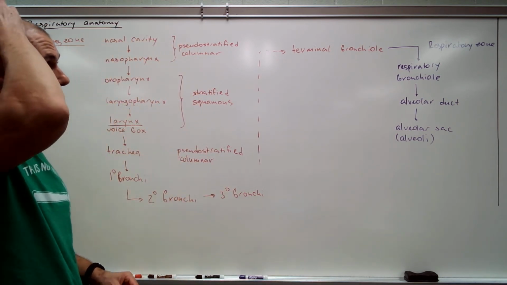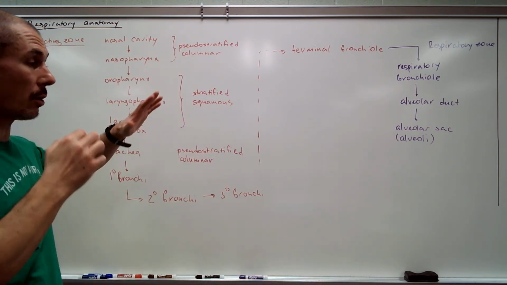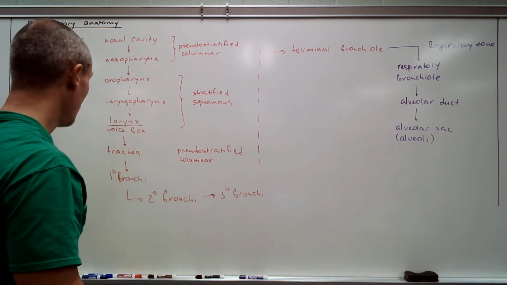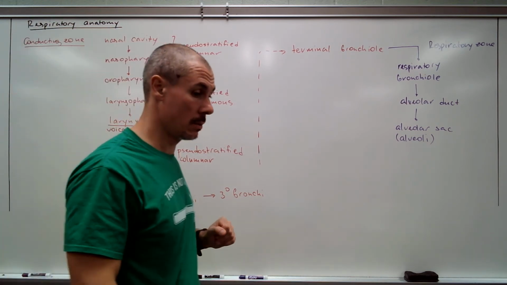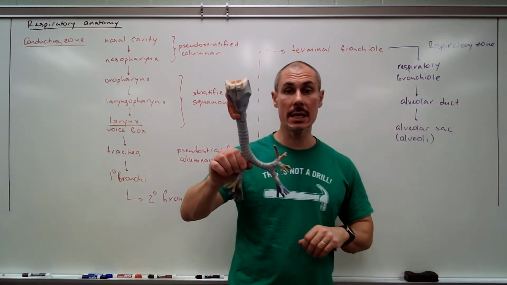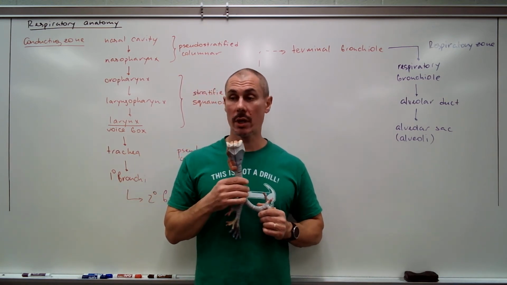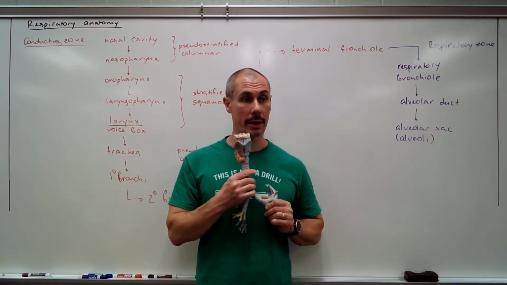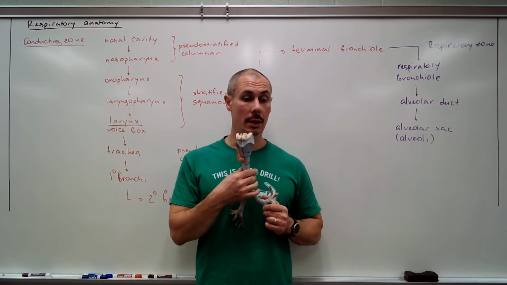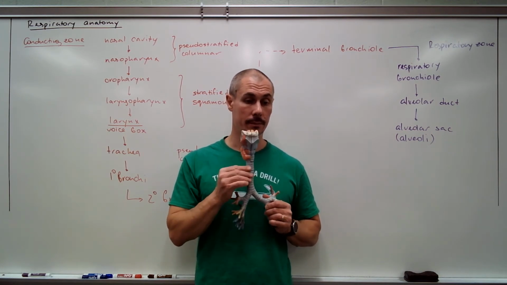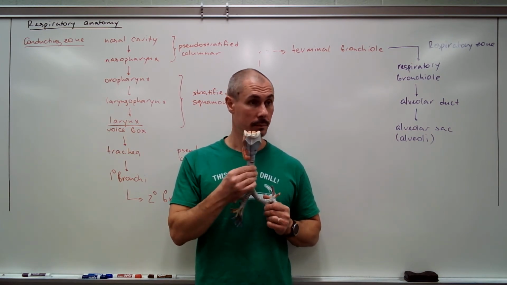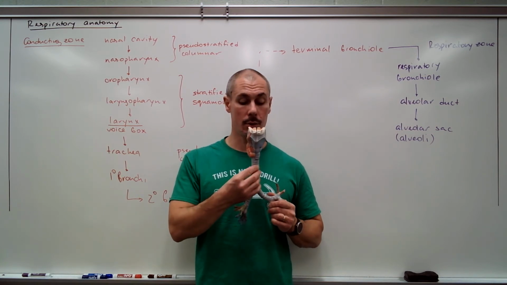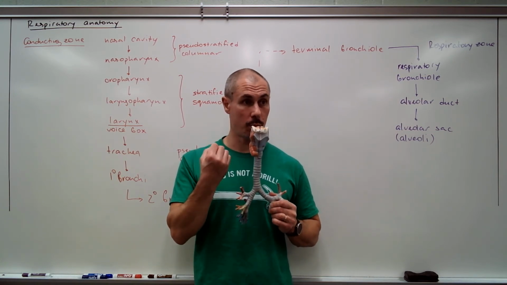Okay, so let's break down some stuff that happens here. So first of all, if you look at the trachea here, trachea does not have muscularis layer at all, right? And look at the cartilage here. Cartilage is pretty hard.